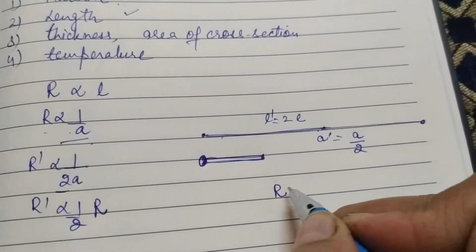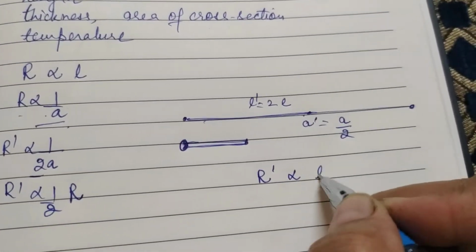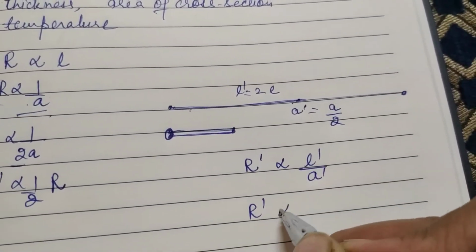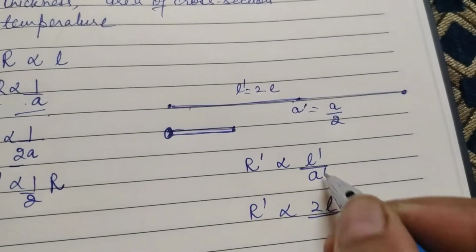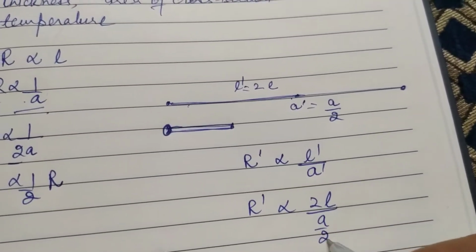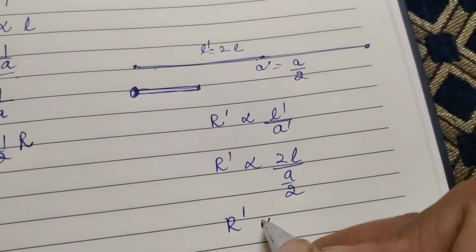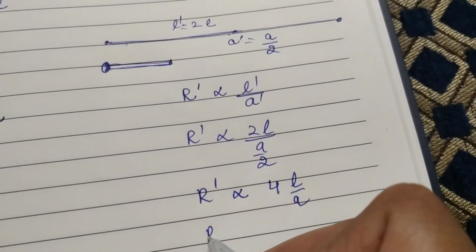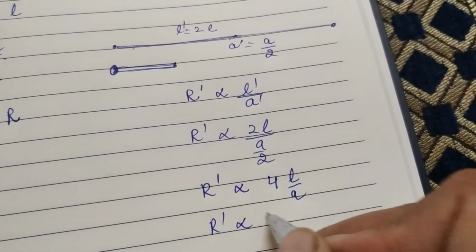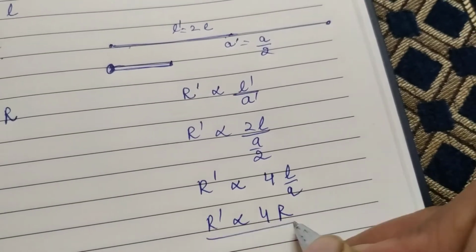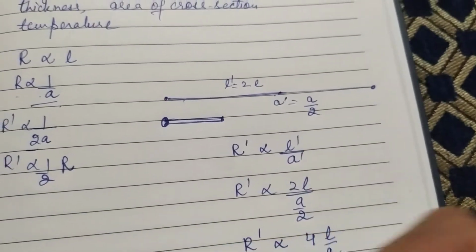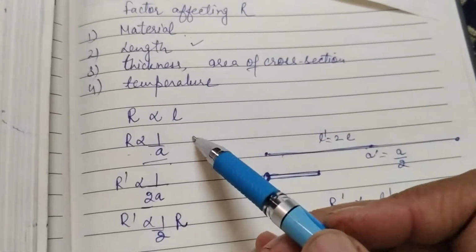So the resistance will be proportional to L dash upon A dash, and L dash will be 2L and A dash will be A by 2. So the new resistance will be proportional to 4L by A, that is, it will be equal to 4 times the previous resistance. So in such cases, you have to take care of both the factors.